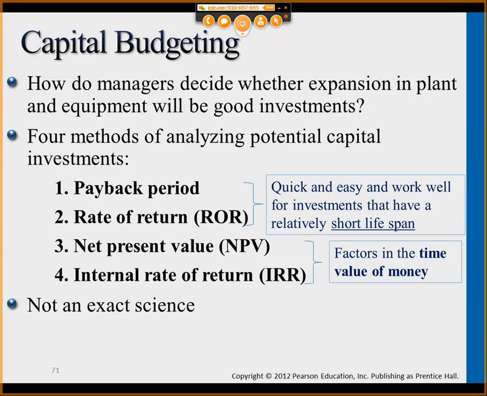Interestingly, it's usually a combination. It's never one. They quite often use at least a couple of these. So capital budgeting is not an exact science, but we do have tools to make it as close to a science as possible.